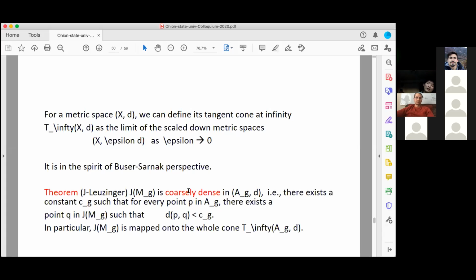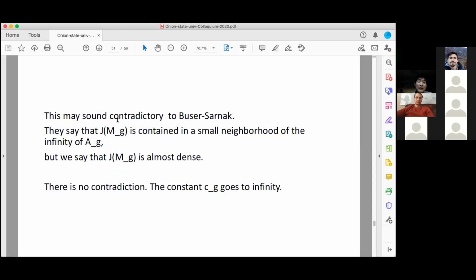Okay, so this solves the Cauchy-Schottky problem. Now, at first, this may sound surprising because Bueno-Sarnak says J(M_g) is containing a small neighborhood of infinity, but we say J(M_g) is almost dense. There's no contradiction because the constant C_g here goes to infinity.